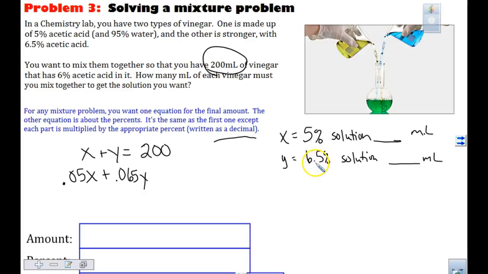Remember, changing a percent to a decimal, you're moving the decimal over 2 places. Okay? Equals our final solution. What percent do we want it to be? 0.06, right? Times how many milliliters? Because this is our milliliters of the 6.5. This is our milliliters. So times 200 here.